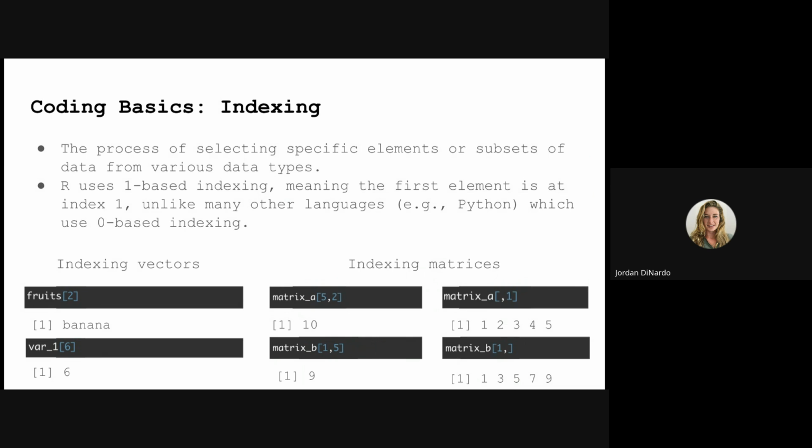Okay, lastly, I wanted to point out how you can index an entire row or an entire column. It goes row, column in the square brackets for matrices. So this is saying in matrix 1, let's index column 1. Whereas here in matrix B, we're saying index row 1, every single number within that row.